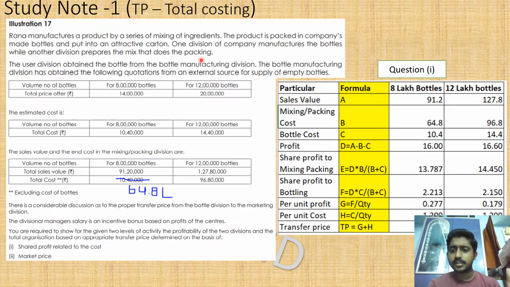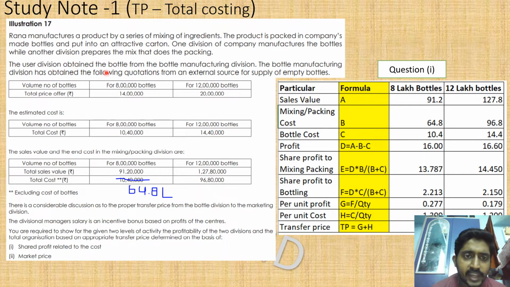So the first division does the manufacturing of bottles only, the bottle is transported to the next division, which prepares the ingredients that are filled into the bottle, and the bottle is packed into a carton. The second division does the mixing and packing.